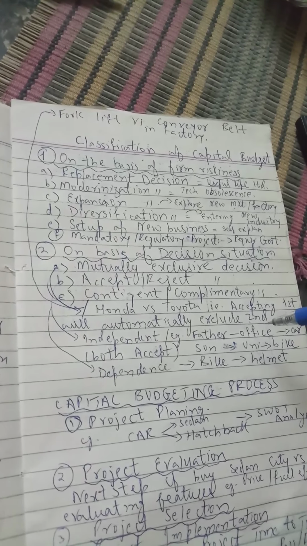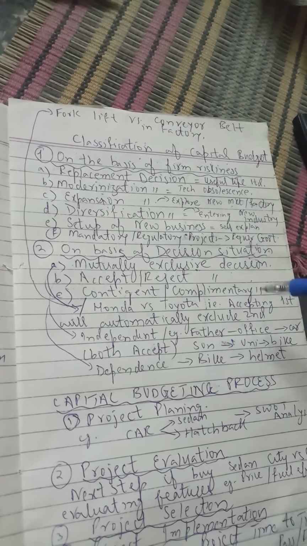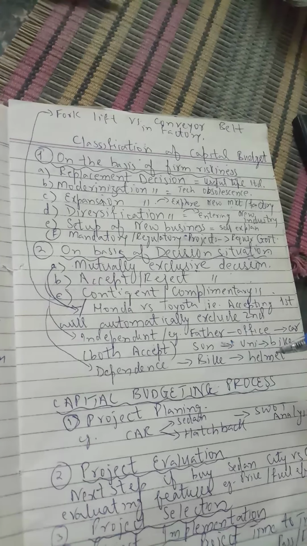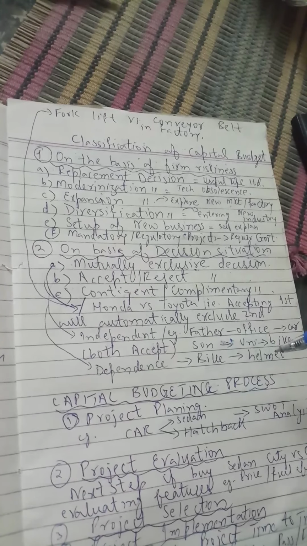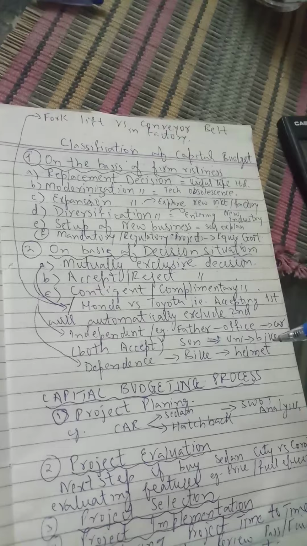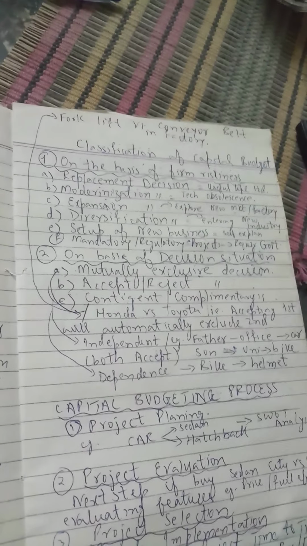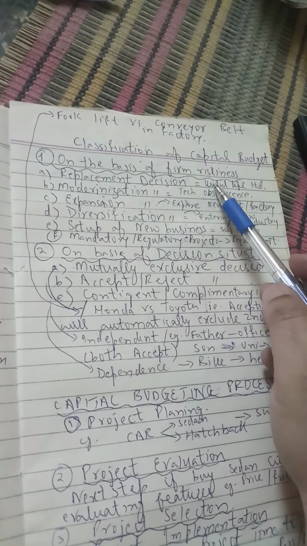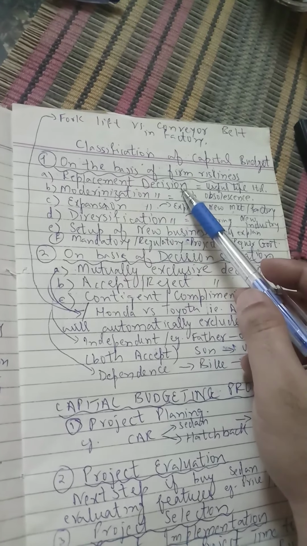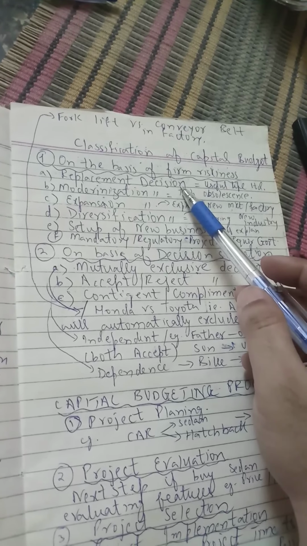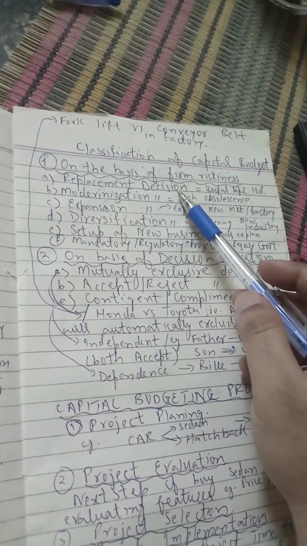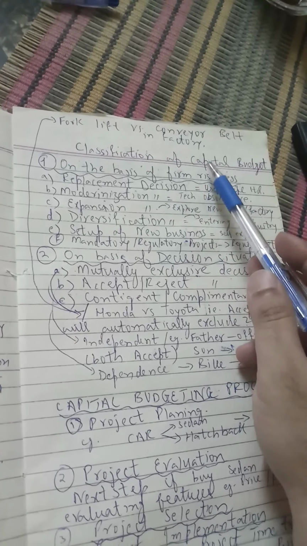After using it for that period, due to wear and tear, due to depreciation, due to use, one day it will be useless. Definitely this is one reason, which is called a replacement decision. Because of those replacements, we want to buy new fixed assets to replace the previous worn out ones. Definitely it leads to the process of capital budgeting.